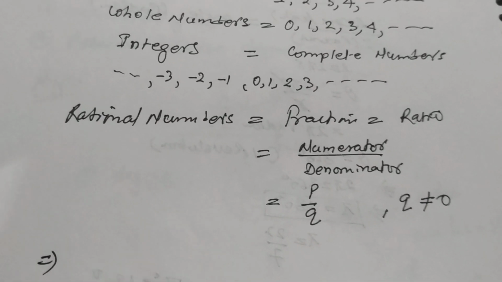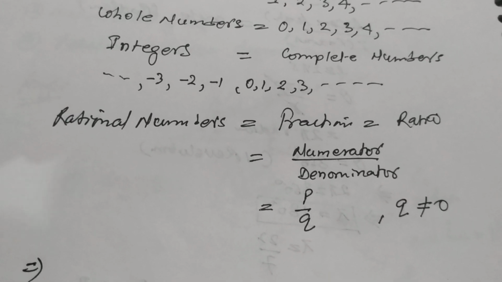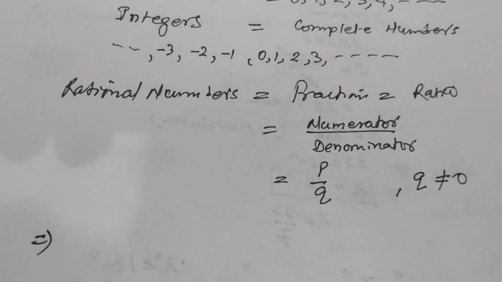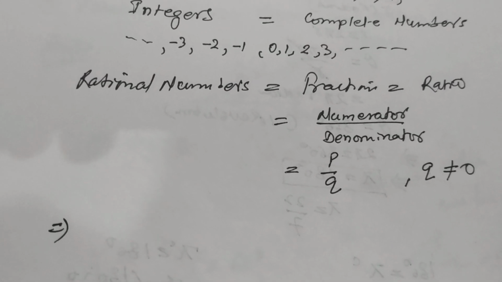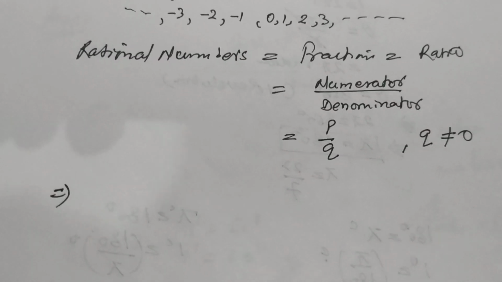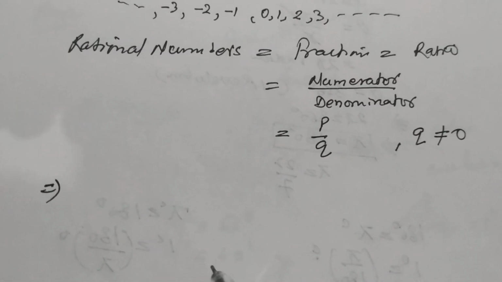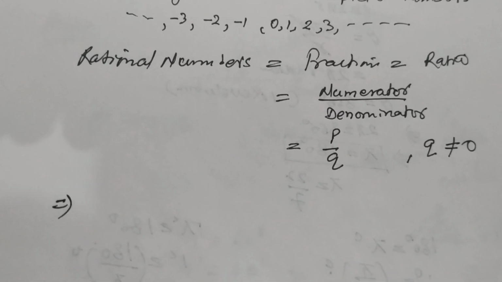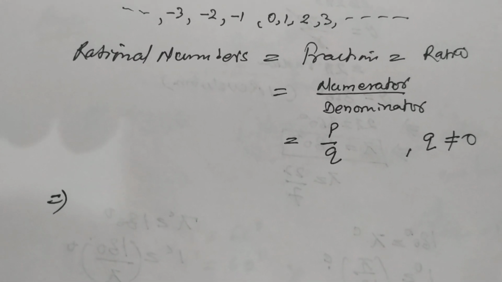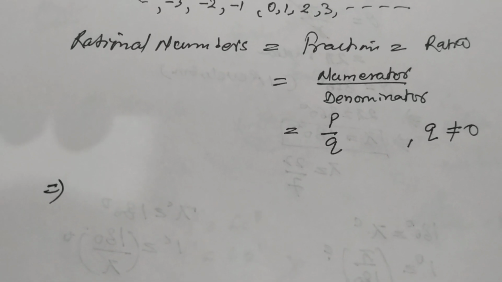Now we will insert rational numbers between any two numbers. There are infinite numbers between any two numbers. That means there are infinite rational numbers and irrational numbers between any two numbers.